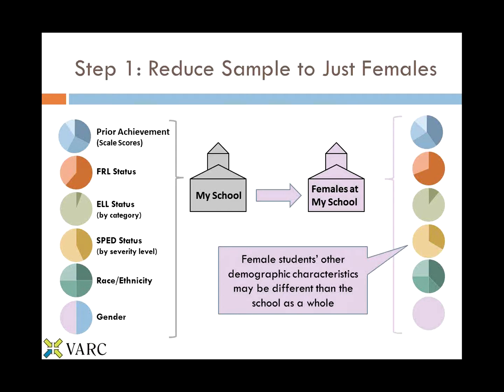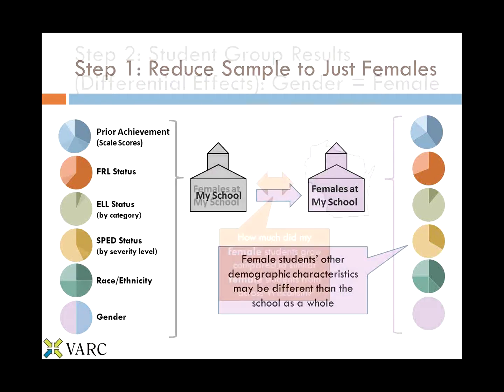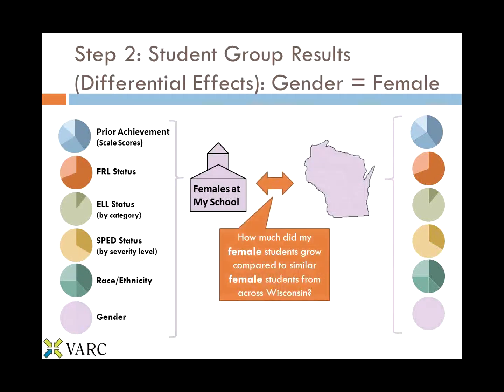Now that we're looking at just the females at my school, I'm going to look at the state of Wisconsin, just at females in Wisconsin, and again take into account all those other demographic characteristics too, including starting point, the most important one, but also all these other ones. How did my female students at my school grow compared to similar female students from across the state of Wisconsin? That's how we're calculating our student group results here.